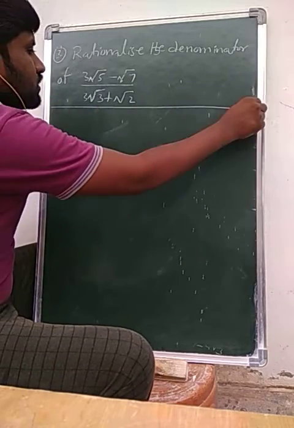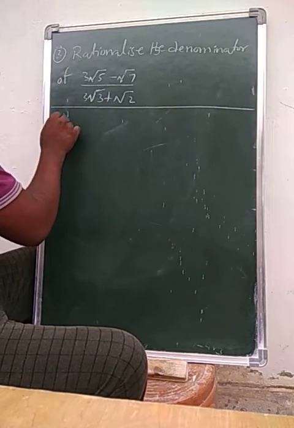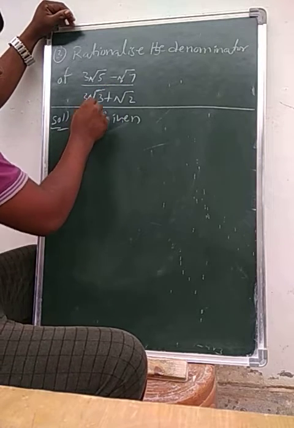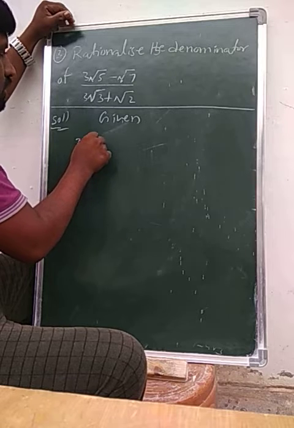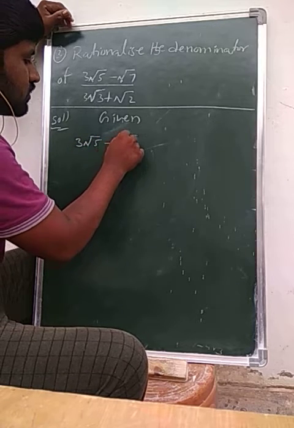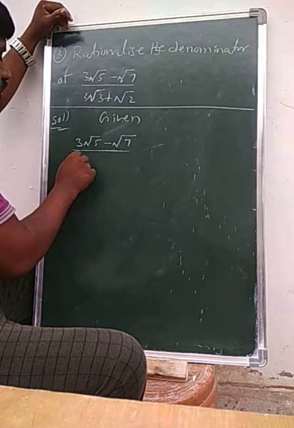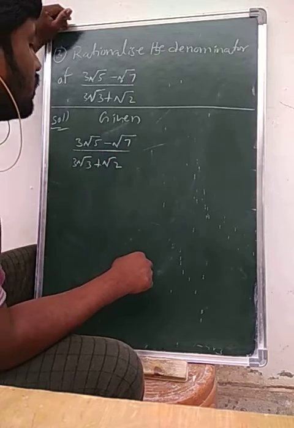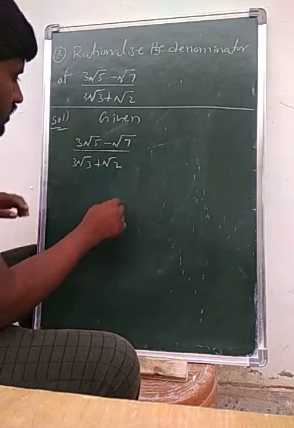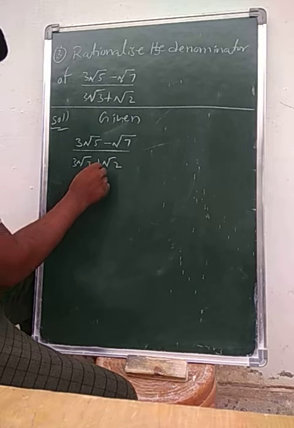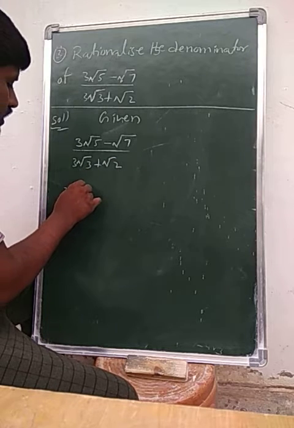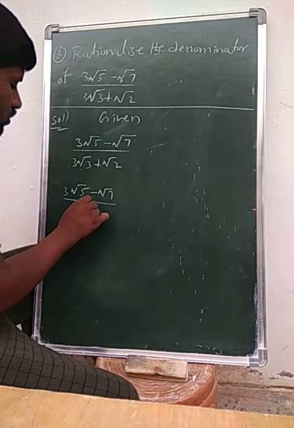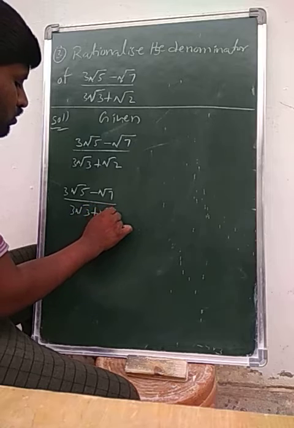Now see its solution. Given 3 root 5 minus root 7 by 3 root 3 plus root 2. What I am doing first of all is rationalizing the denominator. Write the same here as usual. In the denominator place we have 3 root 3 plus root 2.